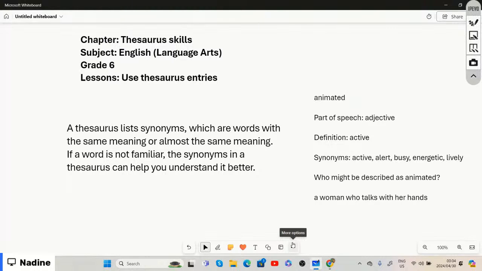And the lesson that we are focusing on under the chapter of thesaurus skills is to use thesaurus entries.